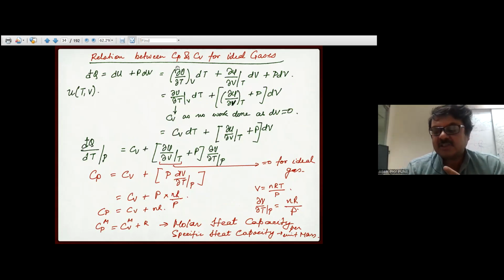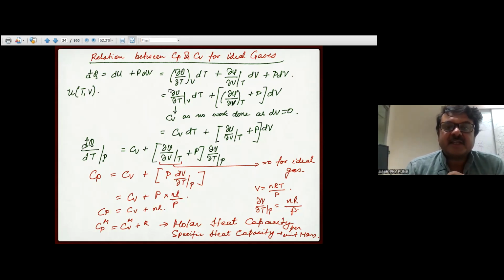Under constant volume, no work done, how much heat is to be absorbed for a unit change in temperature? Right? So that's Cv. And then this heat has to go to internal energy, right? So that's why ∂U/∂T into dT, and then you're also writing ∂U/∂V into dV, right? U as a function of T and V, plus PdV.